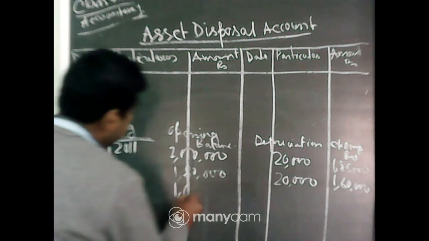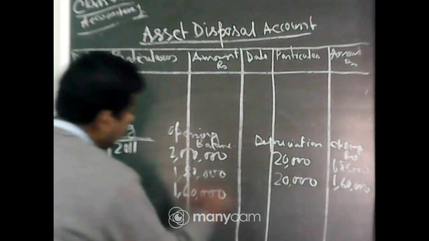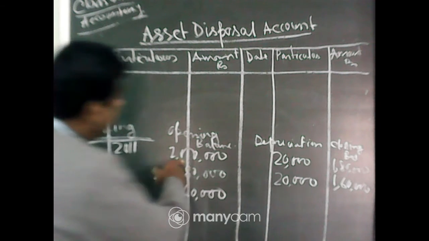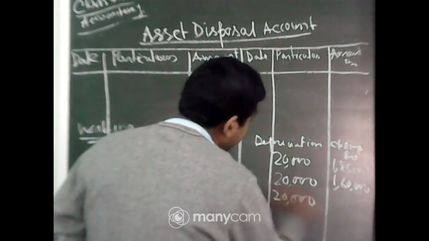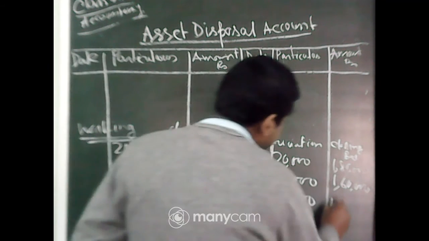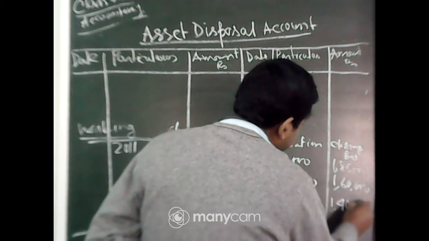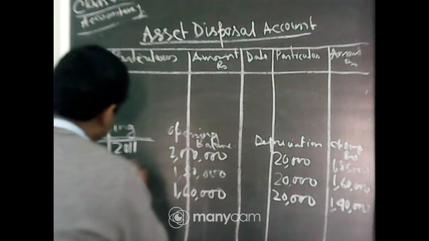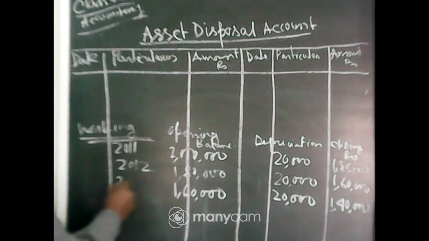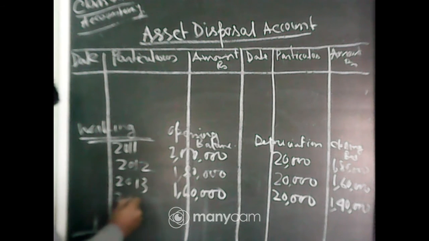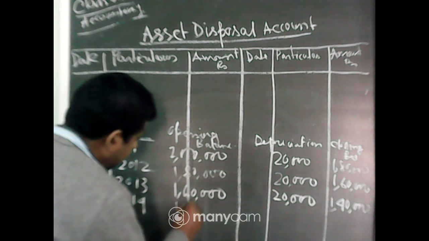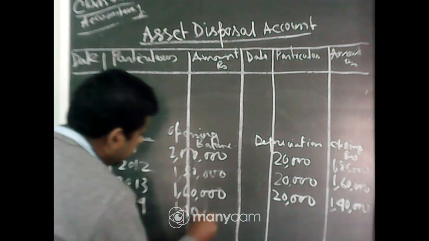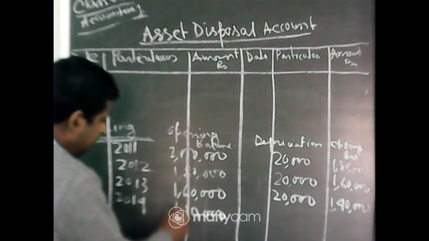Next opening balance will be 1,60,000. 2 lakh is the original cost, so we will charge depreciation on the original value, that is 20,000. Again, closing is 1,40,000. That is 2012, now 2013, and now 2014, the year we are selling the machine. At that time the opening balance of the machine is 1,40,000.